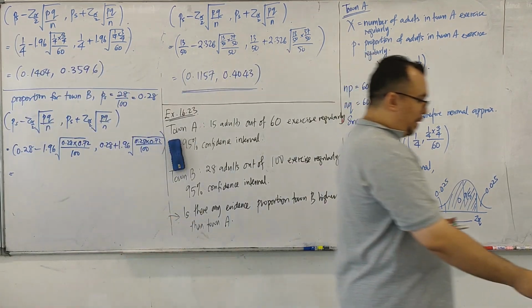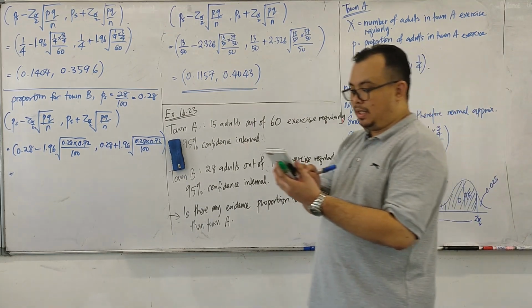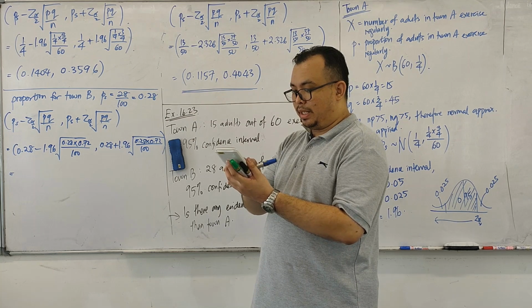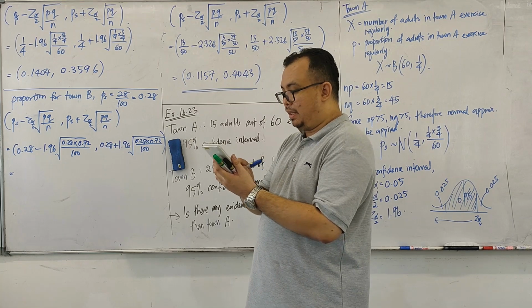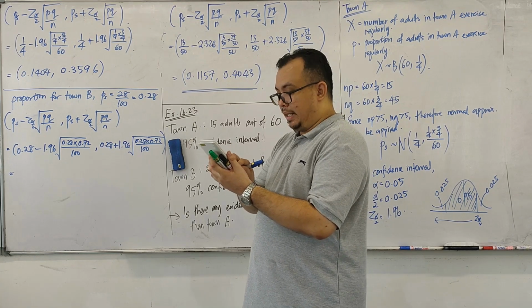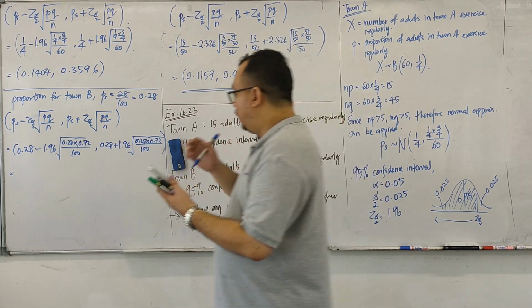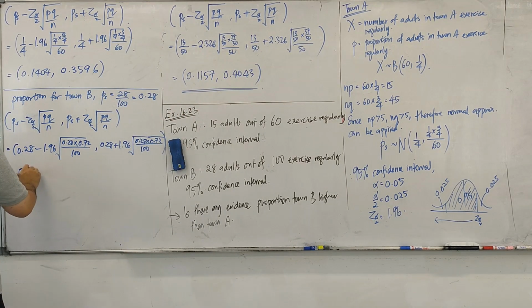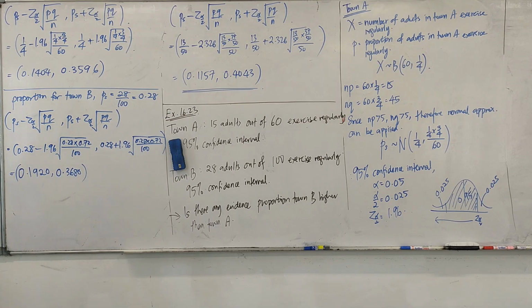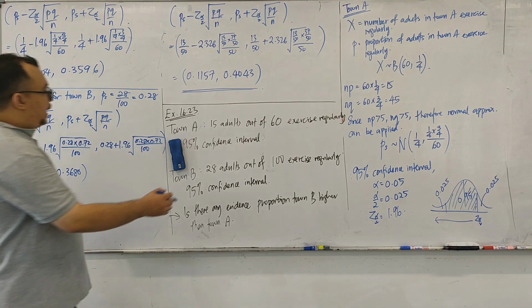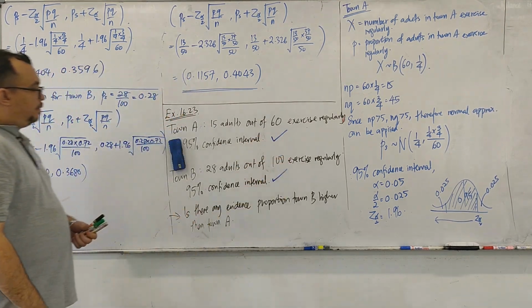Okay, so this one also you just press your calculator. 0.28 minus 1.96 square root 0.28 times 0.72 divided by 100. So you will get 0.1920. Okay, change minus to plus, 0.3680. Okay, so this is your confidence interval for town A. This is for town B. Okay, so we done for town A, done for town B.